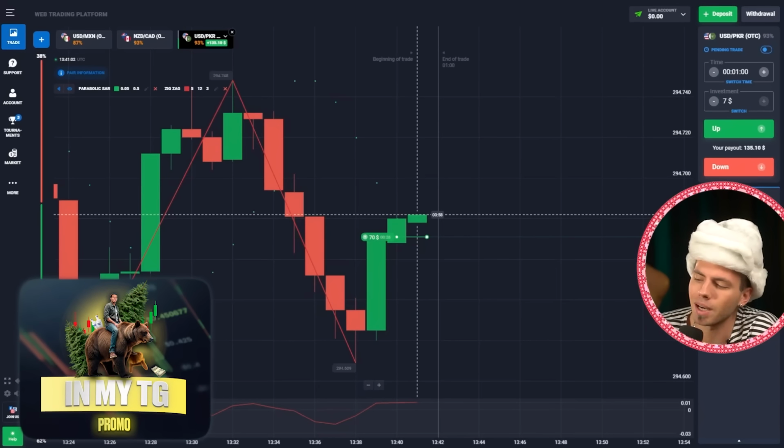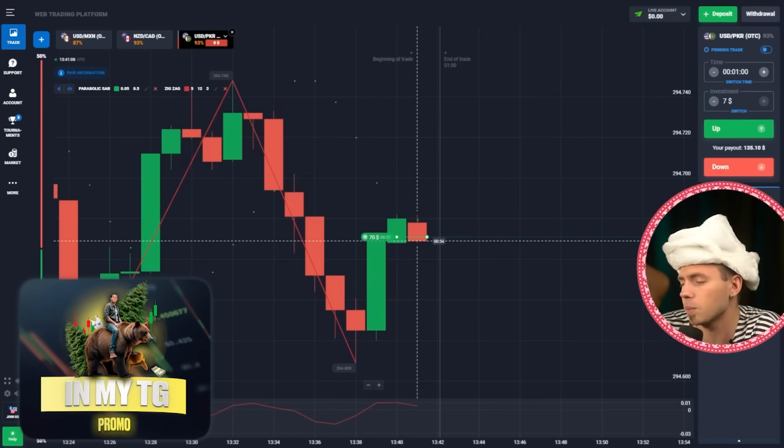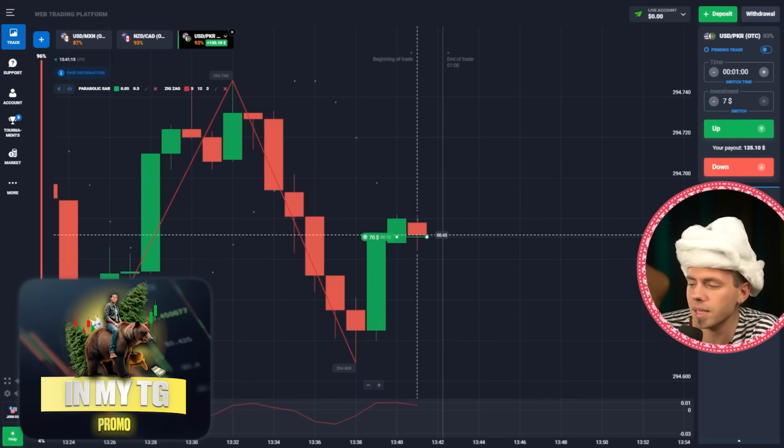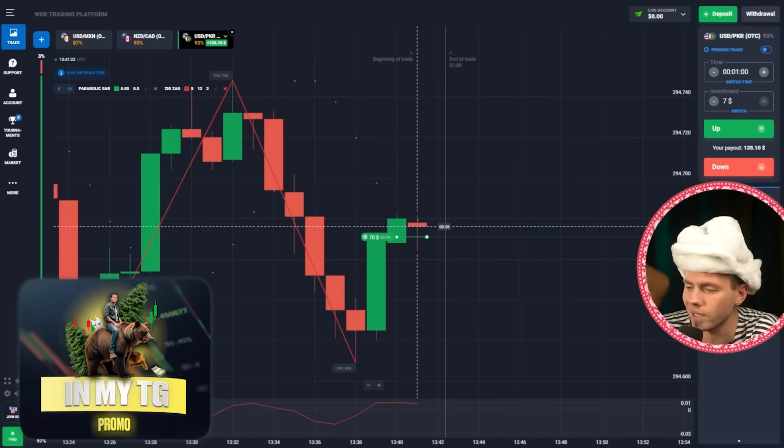The price is going up at the moment, and basically the overall option is up, which is pretty good for us. We still see the price oscillating, but nevertheless the overall direction is up. So you need to be a little bit patient, guys, and let's just wait until the trade is closed.